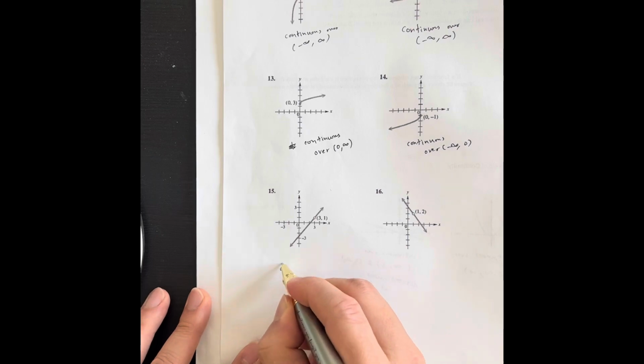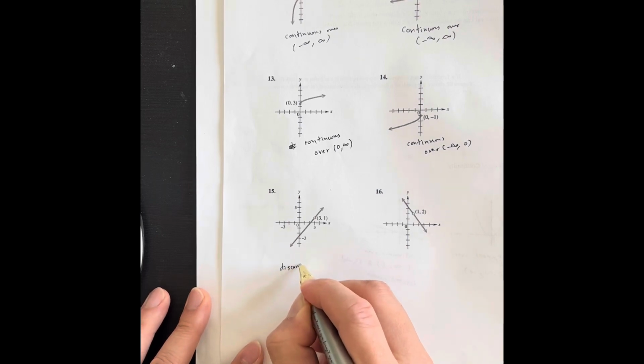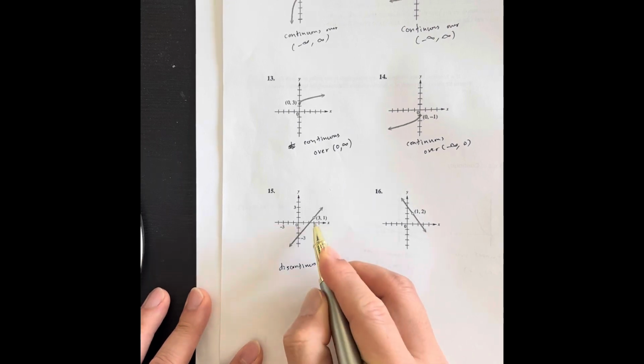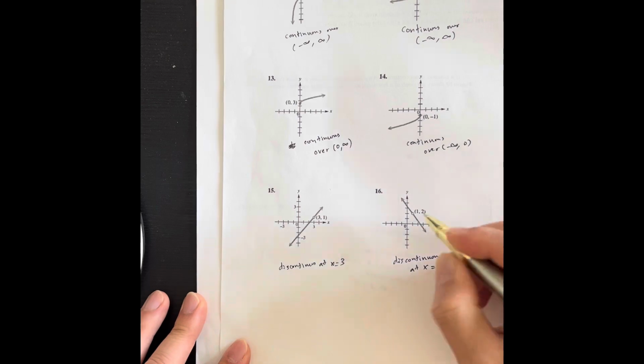This one is discontinuous at x equals 3 because there's a gap there. This function is discontinuous at x equals 1 because there's a gap there.